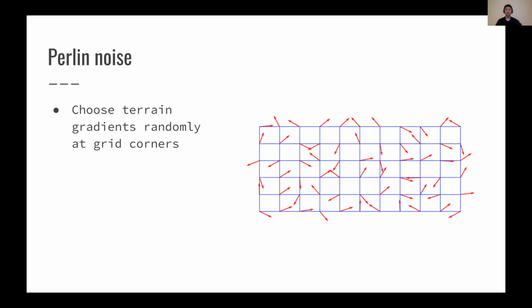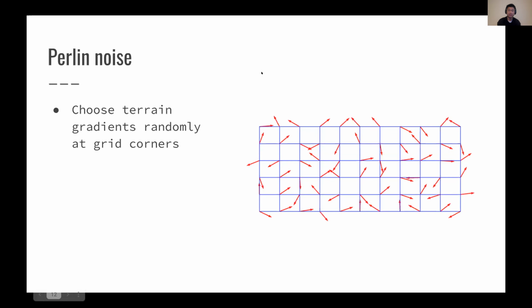So to dig in a little bit at a high level into how the Perlin Noise algorithm works: in order to generate the height map of this terrain, the first thing the algorithm does is split the terrain into grid squares, and then it randomly picks a unit vector and assigns it to each grid square corner.